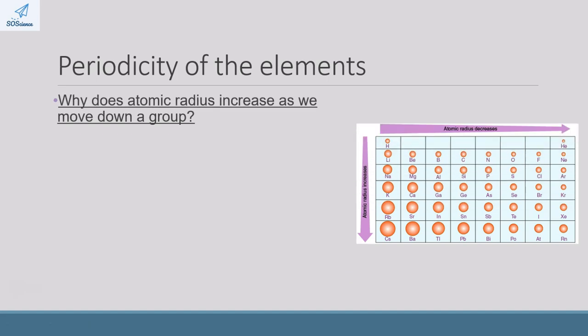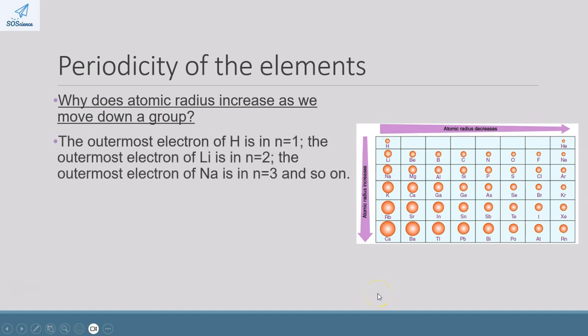So firstly, why does the atomic radius increase as we move down a group? That's an easier one to answer, so I'm starting with this one. The outermost electron of hydrogen exists in n equals 1, and the outermost electron of lithium exists in n equals 2. The outermost electron of sodium is in n equals 3.